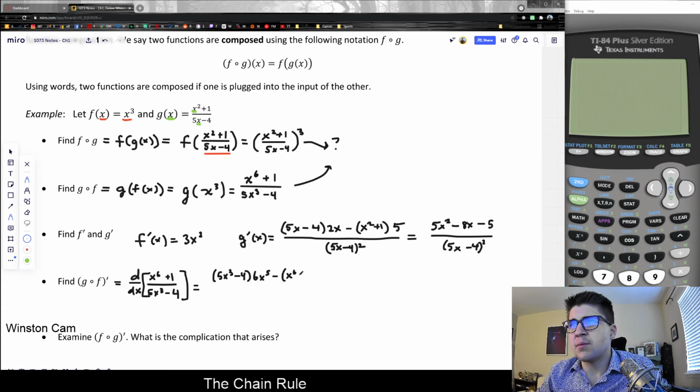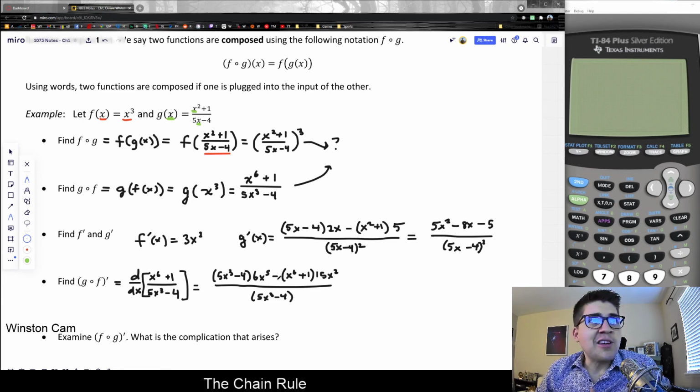High is x squared, or x to the 6 plus 1. D low would be 15x squared. And then I would need to square the bottom. And away we go. And again, we could continue to simplify, but at this point, the point I'm trying to make is quite clear. And I forgot my square.